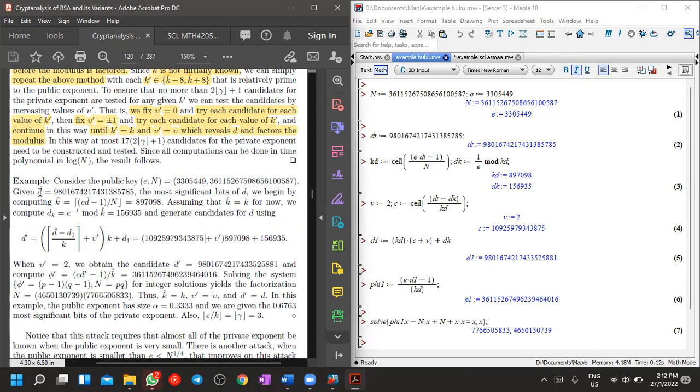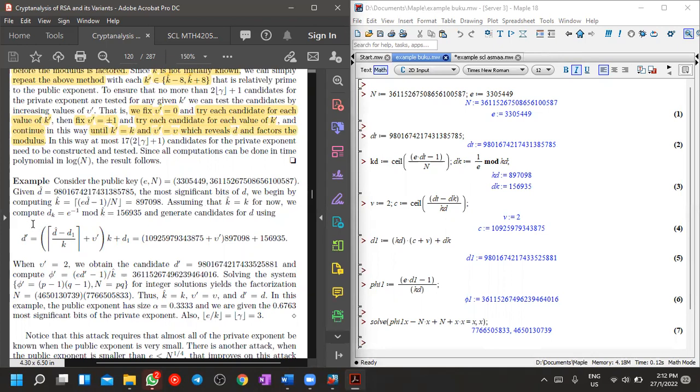Then we were given D hat, which is the most significant bits of D. We begin by computing K hat equals the floor function of (E D hat minus 1) over N, and then we will get 8979098. We assume that K hat is equal to K.